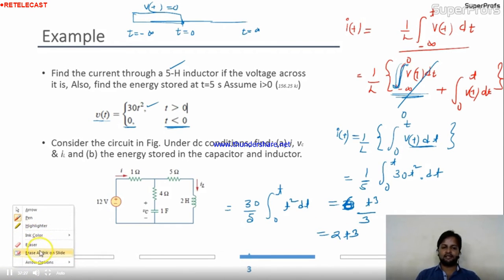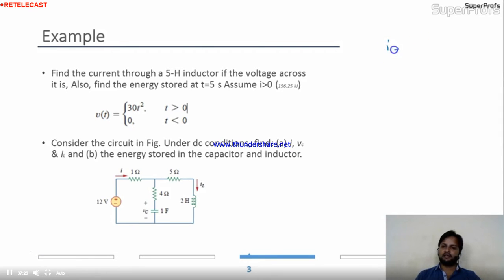Now the current i(t) is 2t cube. This is the current now. Now you can find out the energy stored. The energy stored E(t) is L by 2 i(t) squared.